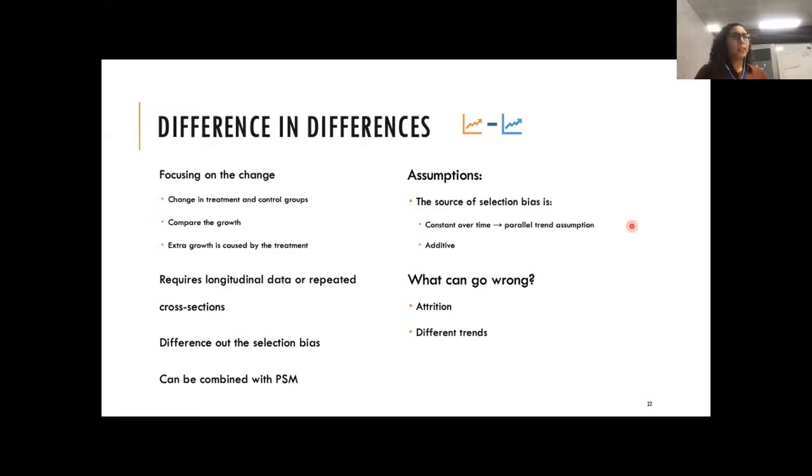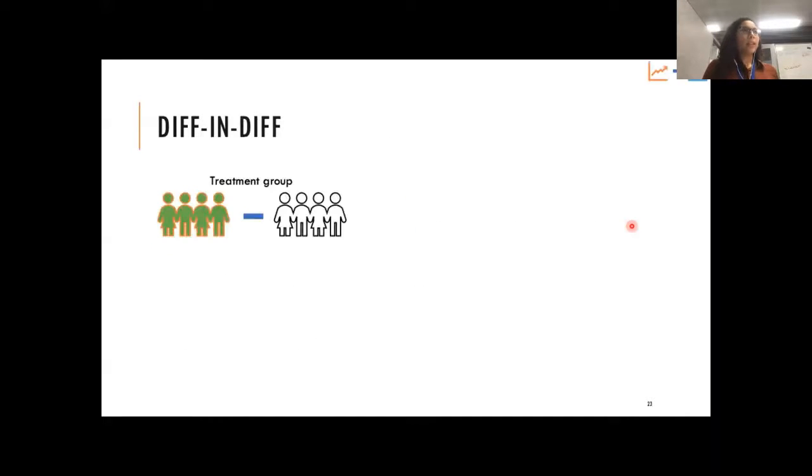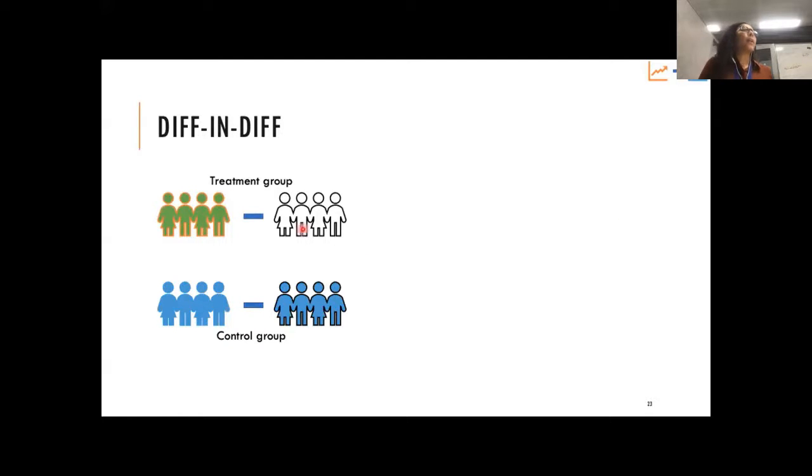Here we're assuming that in the absence of the treatment, our participants in the treatment group would have grown at the same rate as those in the control group. So we are comparing the before and after of the treatment group, the before and after of the control group, and we just calculate the difference between them.